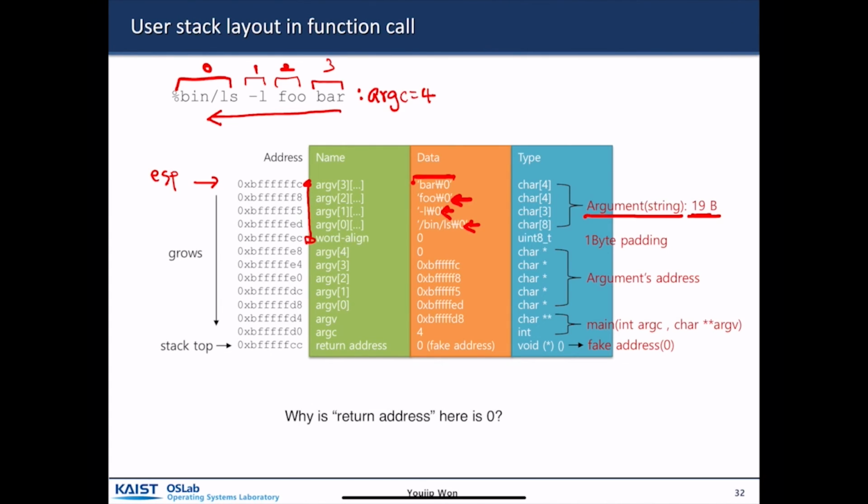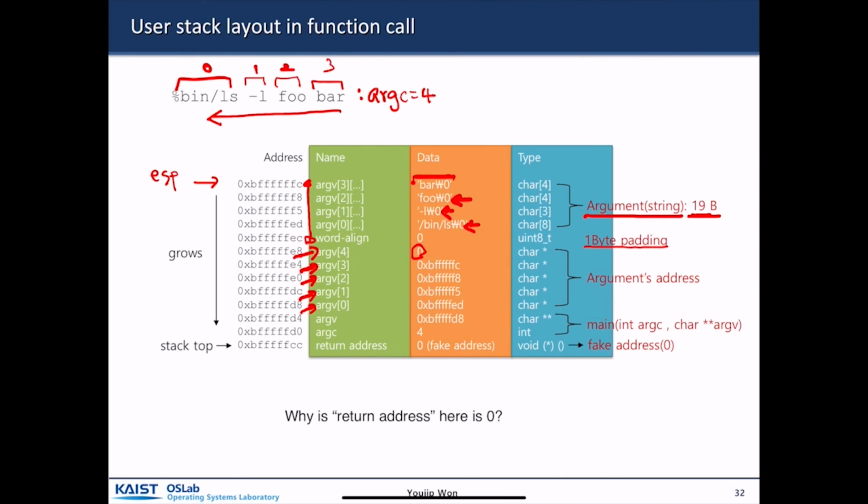So you have to add 1 byte of padding to make it 20 bytes and 4-byte aligned. Then you push a null terminated string 0, which means this is the end of the argument strings. Then you push the address of each character string, 3, 2, 1, and 0.